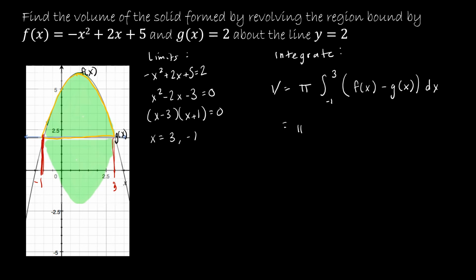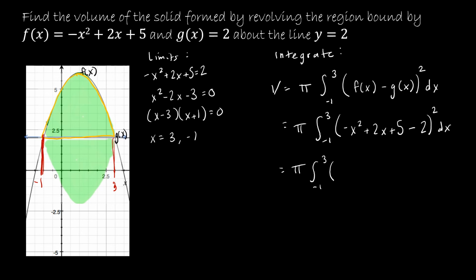So in this case, again, from negative 1 to 3, f of x is negative x squared plus 2x plus 5. I'm subtracting 2. And I am going to do a little bit of simplification. Oops, I'm forgetting my squared here. So now I have from negative 1 to 3 of negative x squared plus 2x plus 3 dx.